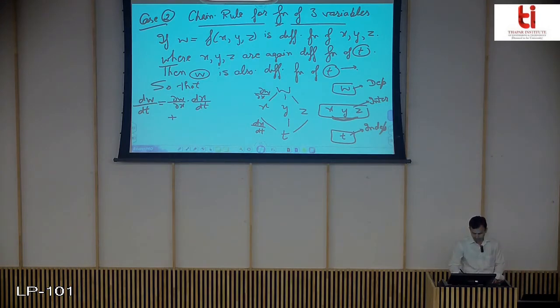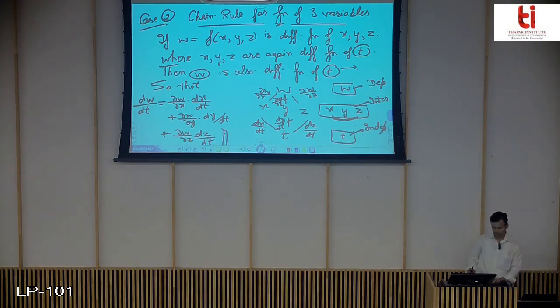Then here you have del w by del y, and here you have dy by dt, path 2 branch 1, branch 2, multiply this del w by del y dy by dt, plus path 3 branch 1 and then branch 2. So you multiply these and then you add, you get dz by dt. So this is the required formula.